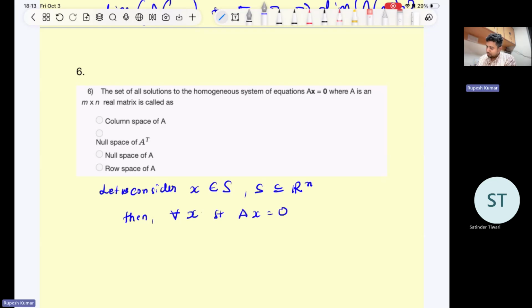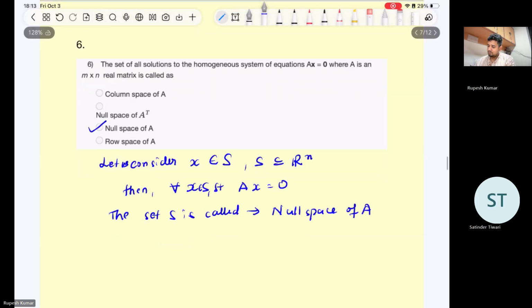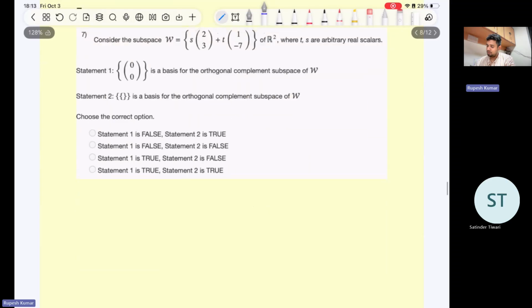Then for all X belongs to S such that Ax equals 0, the set S is called, so we know this, this is essentially the null space of A. So option C is correct. Do you have any doubts in this problem? No, sir. Fine, so let's move to the next question.